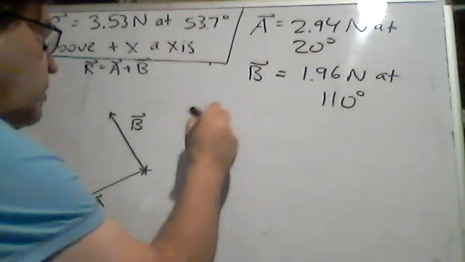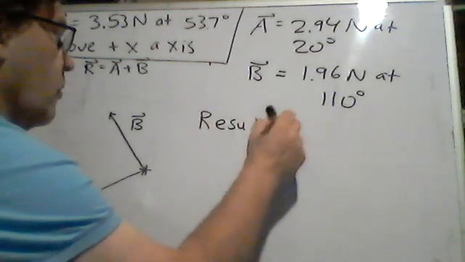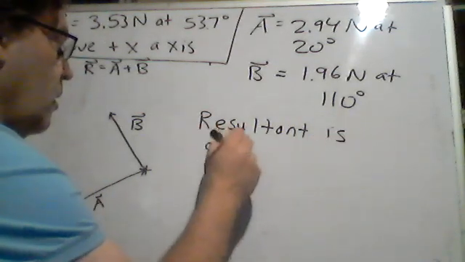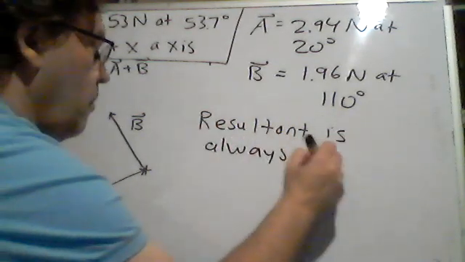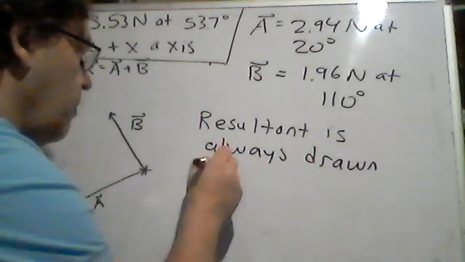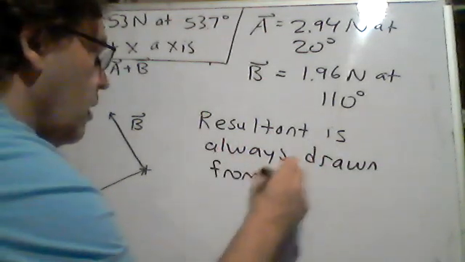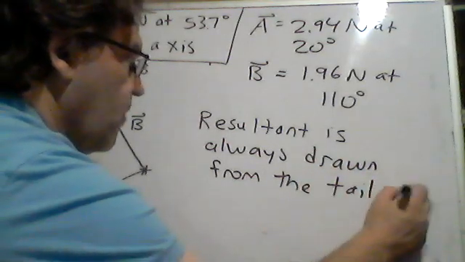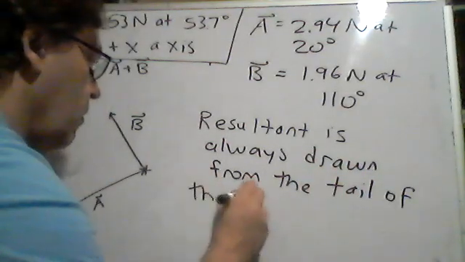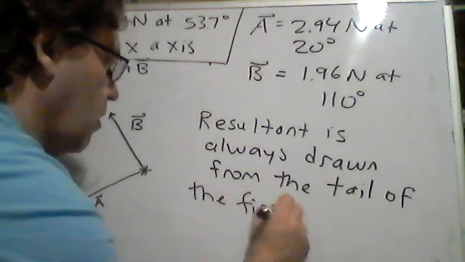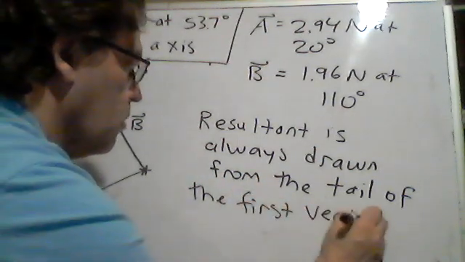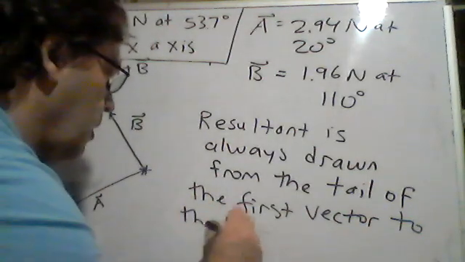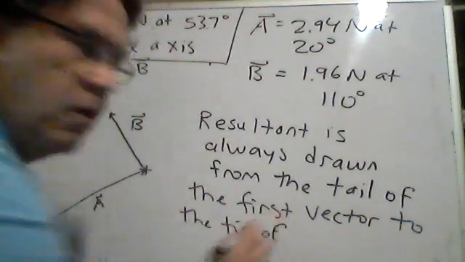The resultant is always drawn from the tail of the first vector to the tip of the last vector.